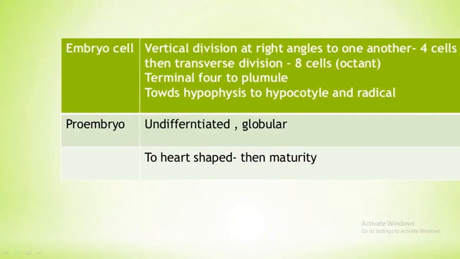The embryo cell undergoes vertical division at right angles to one another, giving 4 cells, then transverse division, 8 cells. The terminal 4 give rise to the plumule, and towards the hypophysis, the hypocotyl and radicle. The proembryo is undifferentiated, globular, to heart-shaped, and then maturity.